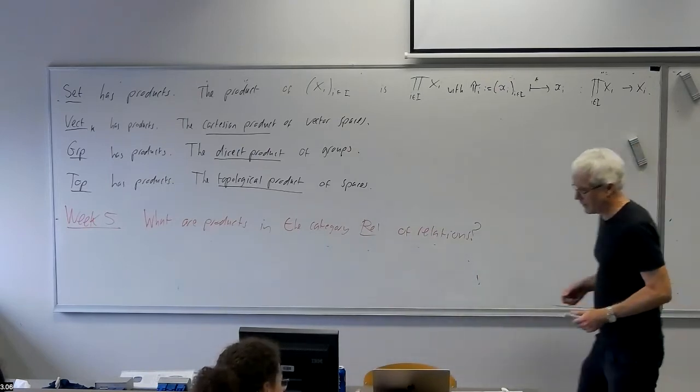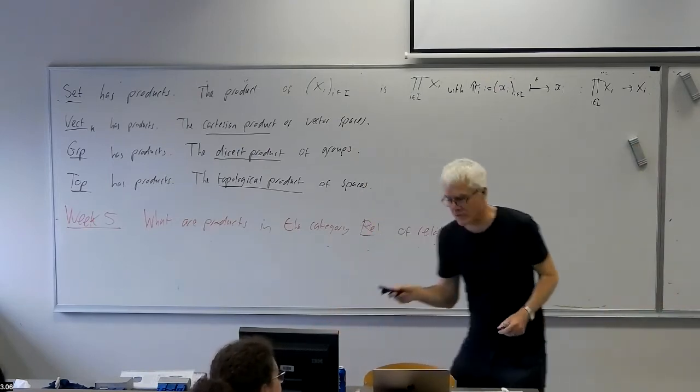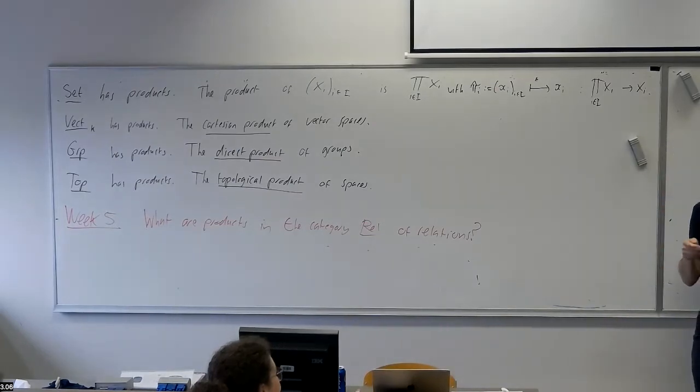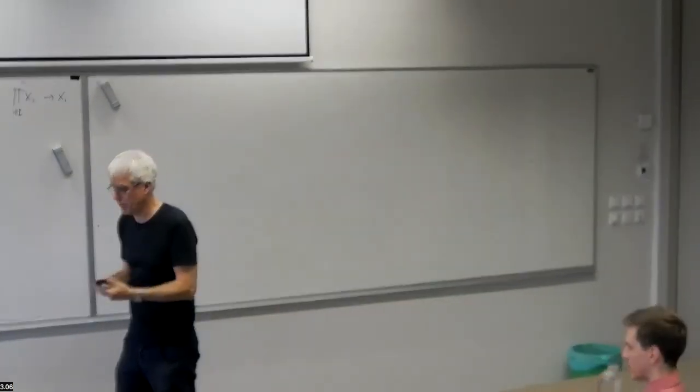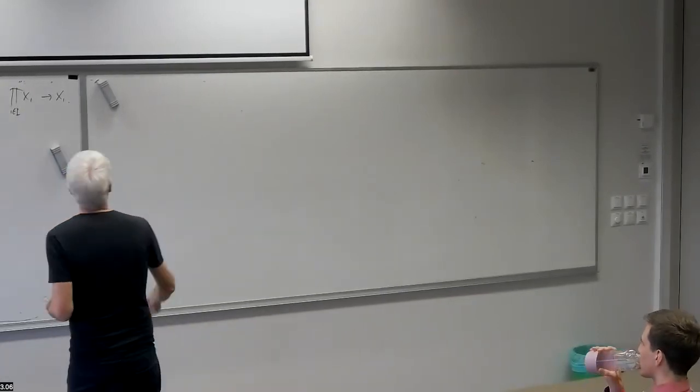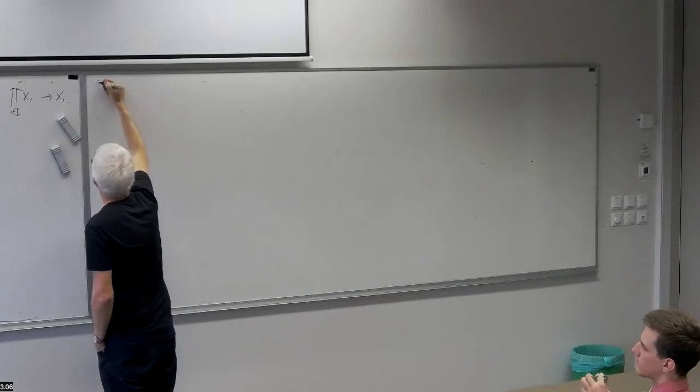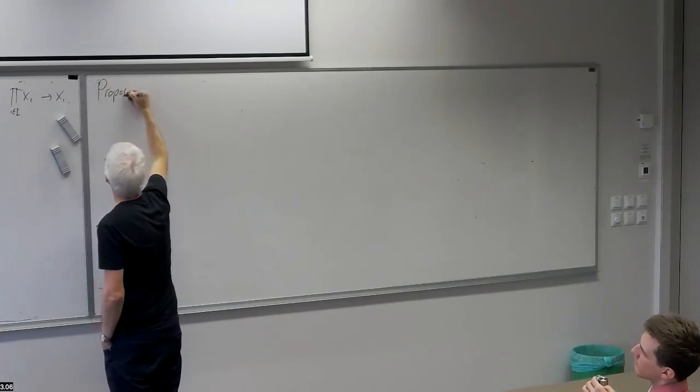Okay, I don't want to go on about products for too long. I just want to end with one little proposition, or I don't remember if I call it proposition or theorem in the notes. Let's call it a proposition.